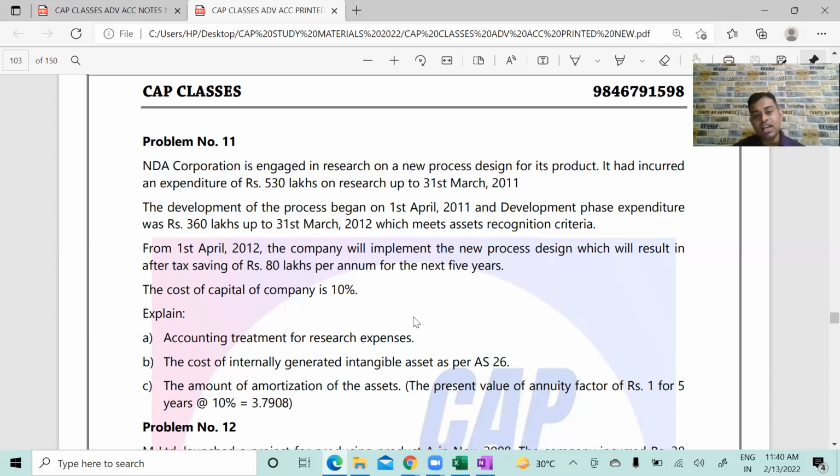Every year for 5 years, if 80 lakhs comes, that is an annuity. So present value of annuity is cash flow into PVIF factor, no? So 80 into 3.7908.